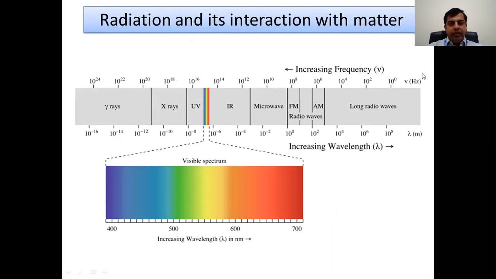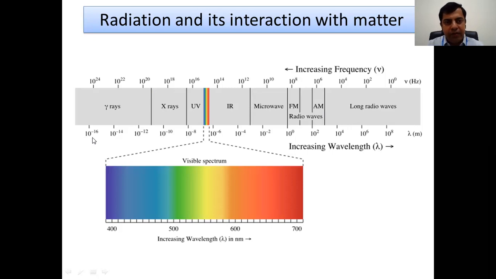And there are many forms of electromagnetic radiation, starting with gamma rays, X-rays, UV, visible, IR, microwaves, and there are two forms of radio waves, FM and AM, and further long radio waves.